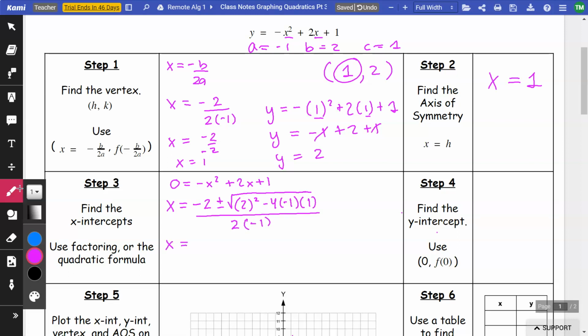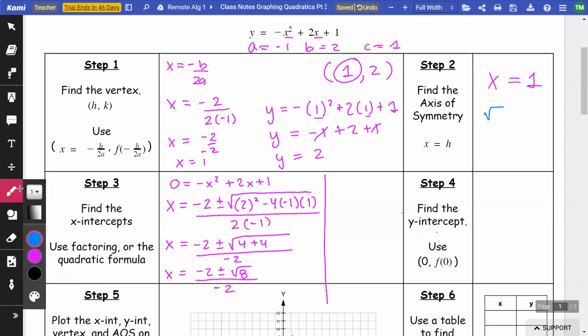So x is equal to negative 2 plus or minus the square root of 4 plus 4, all over negative 2. So x is equal to negative 2 plus or minus the square root of 8, all over negative 2. Off to the side, I'm going to simplify the square root of 8.